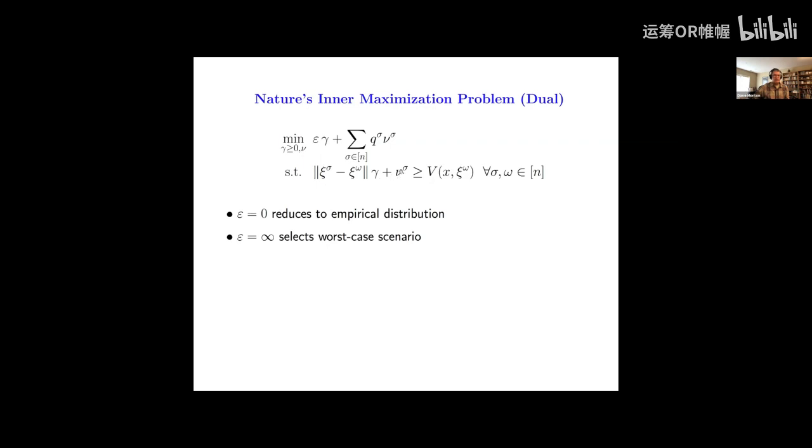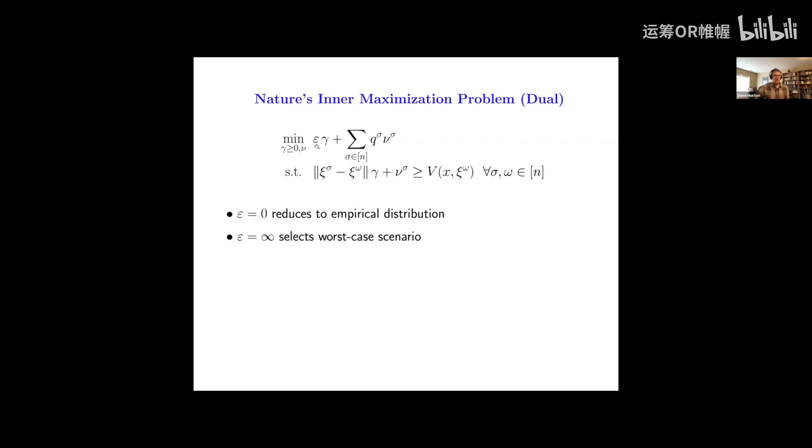And so in that case, this new sigma is just going to be equal to the value function evaluated at C sigma. And so in that case, this just reduces to the nominal problem, the existing expectation, because the Wasserstein radius is 0.